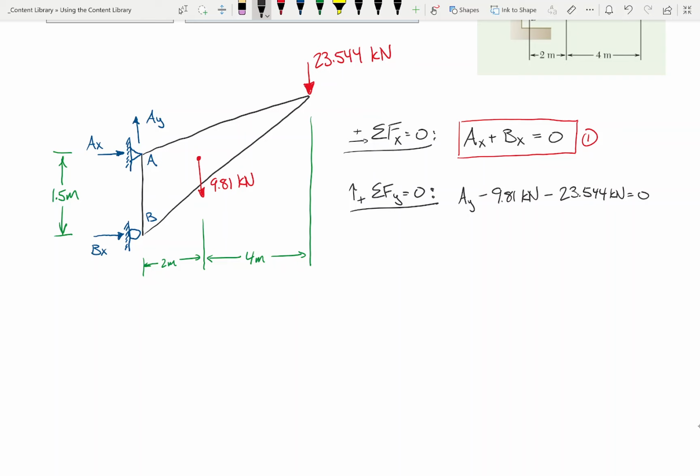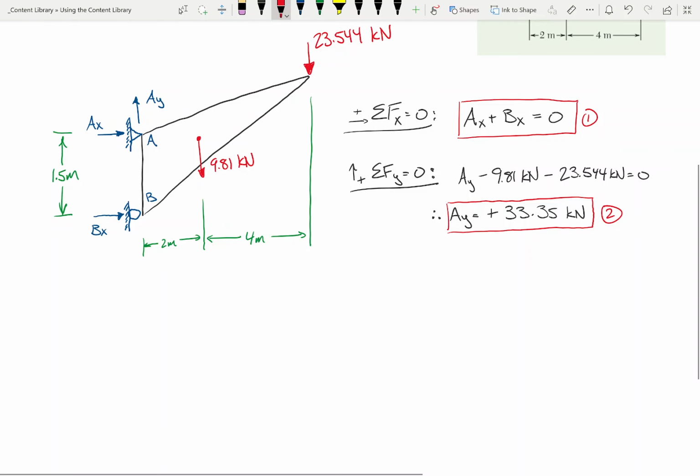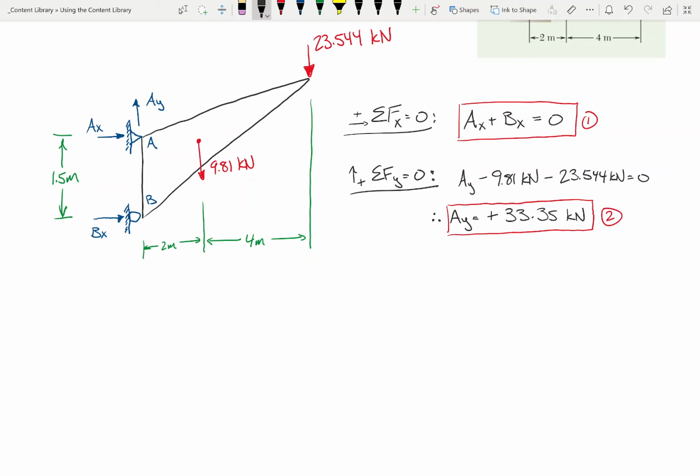So add both of these terms over to the other side, and I get AY is positive, and if I add these up, I get 33.35 kilonewtons. That's just adding up these two terms over on the other side. That is our next equation. We'll call this equation 2.